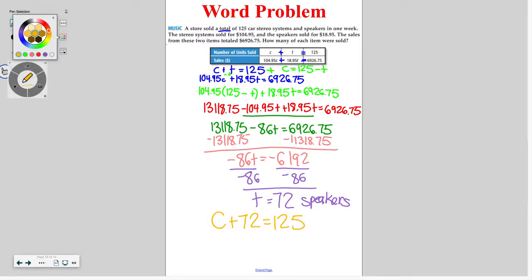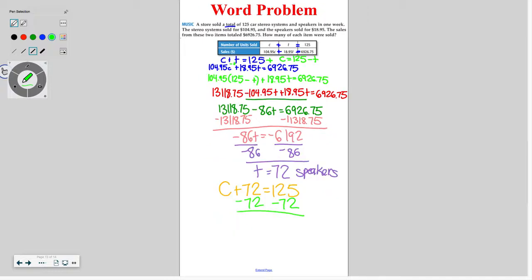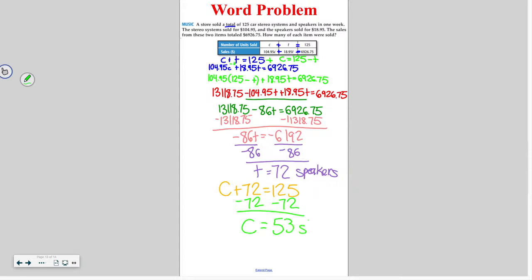And then I'm going to subtract 72 from both sides, which gives me a final answer of c is equal to 53 stereos. Because we have a word problem, we do not need to write it as an ordered pair because we already have both of our answers labeled.